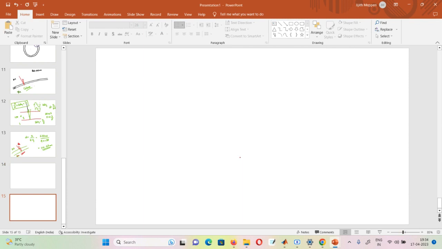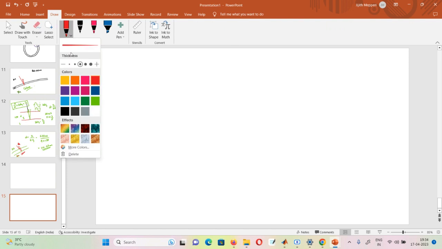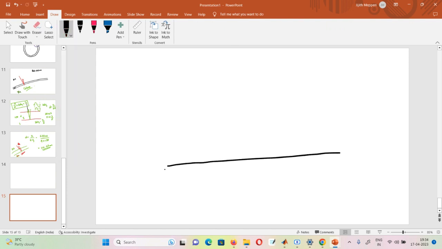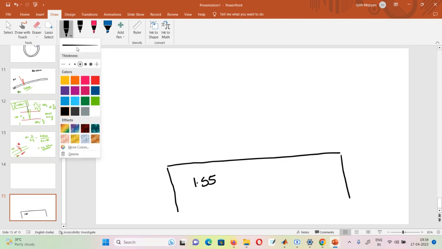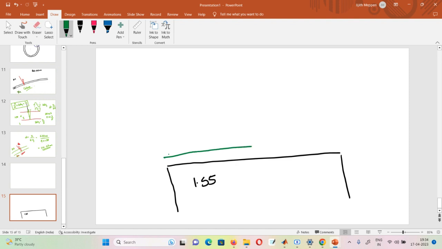You are having a glass substrate with refractive index 1.5. Above it, we are going to coat silicon nitride having a refractive index of 1.99.